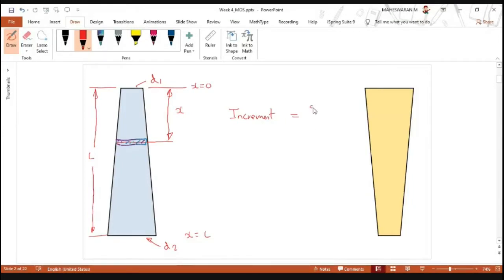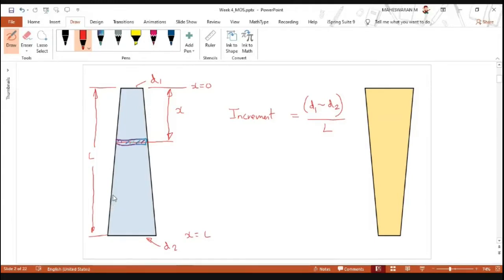Otherwise, I can write it as the difference of D1 and D2, which means the value is always positive. There are no negative values here. Whichever is maximum, you put at the front, and the minimum at the back. So the difference in D1 and D2 divided by L, the total length, gives me the variation based on this particular length L.